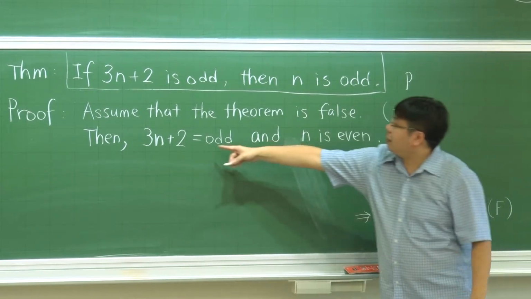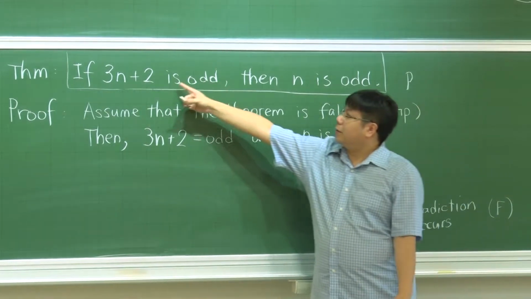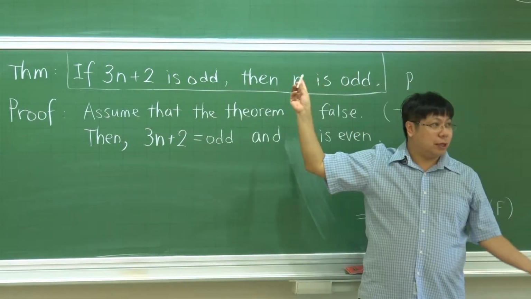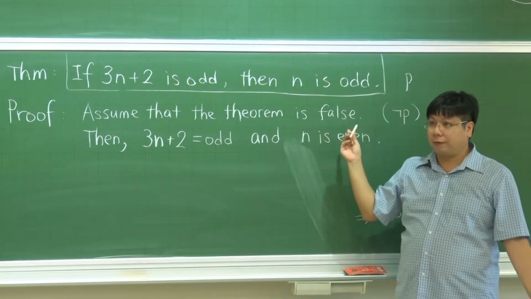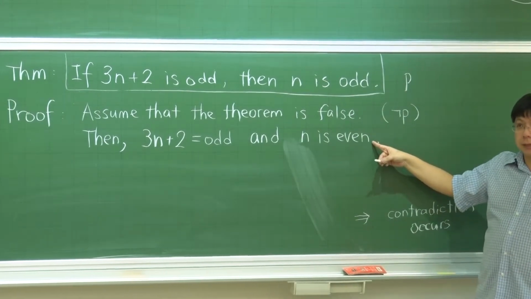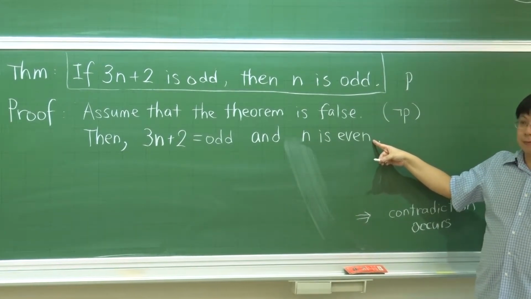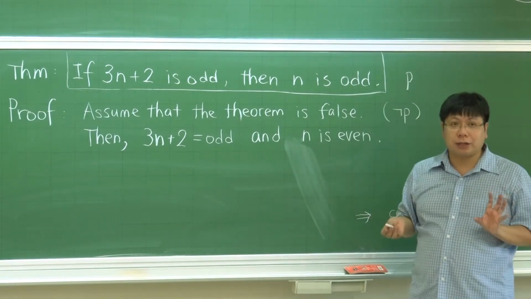So this is the only case that this is not true. The only case where if something, then something is not true is when the first part is true and the next part is false. This is the only case. So if we assume that this is false, that means that we have this. Is that okay?